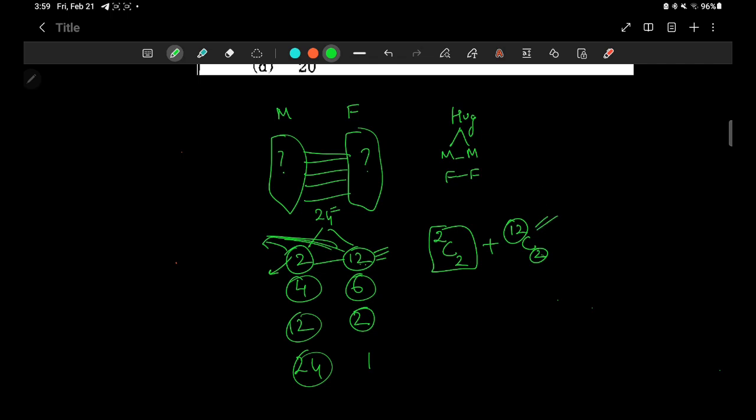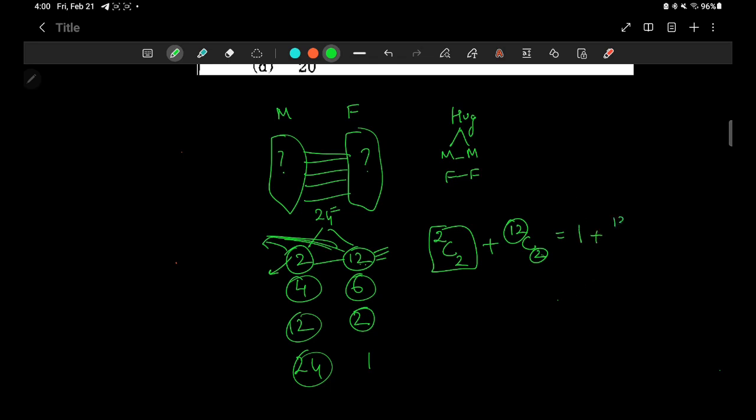How many combinations possible? Okay, so how much is this? 2C2 is nothing but 2 minus 2 you can do, which is nothing but 2C0. 2C0 is 1. Okay, 2C2 or 2C0, everything is 1.